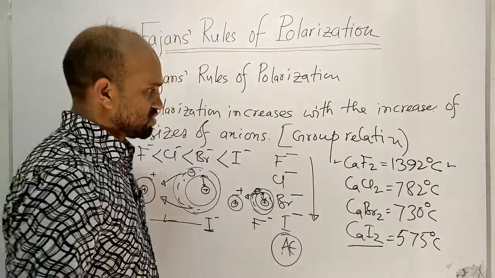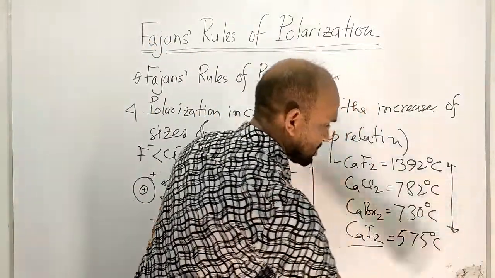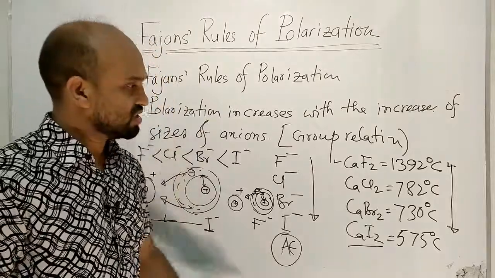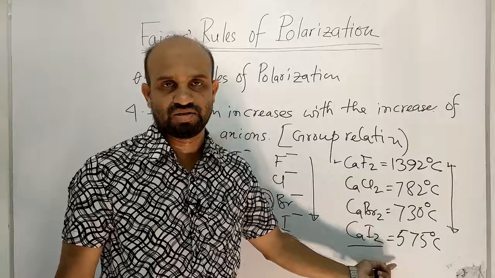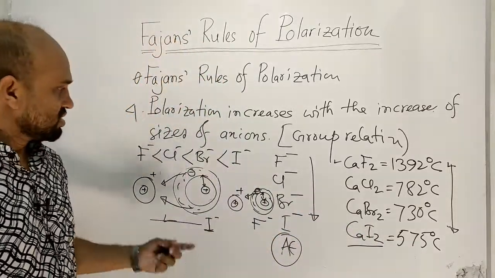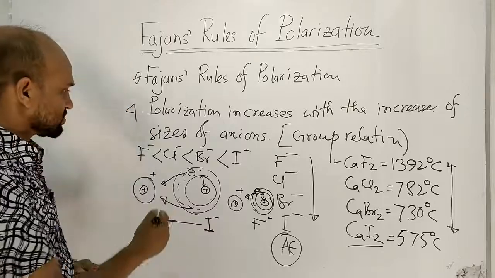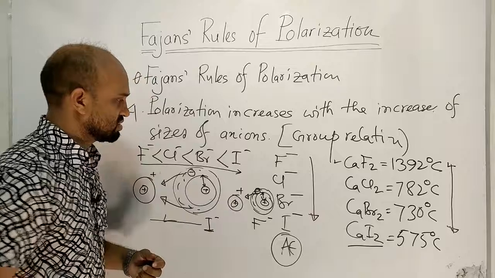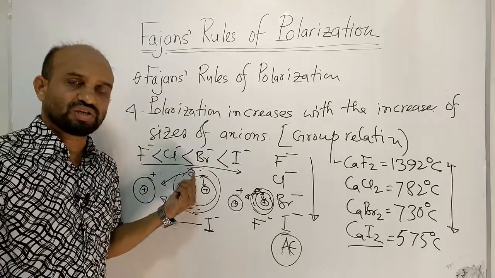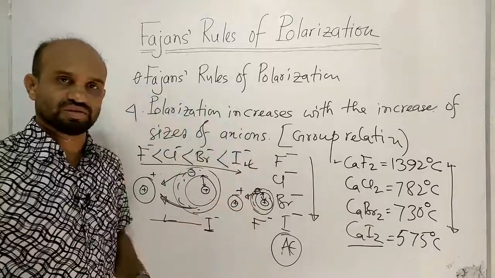So the more the polarization, the more covalent in nature, and the less the melting point. Now let's summarize rule number 4. That means with the increase of sizes of anions, because of the long distance, more polarization happens.